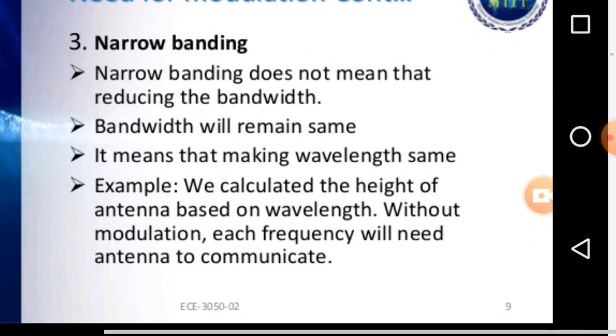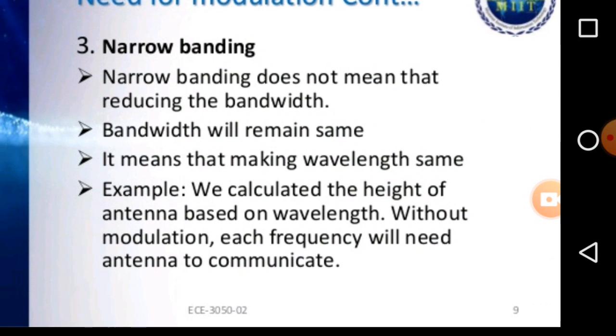The next part is narrow banding. Narrow banding does not mean reducing the bandwidth. Bandwidth will remain the same. It means making the wavelength the same. For example, we calculate the height of the antenna based on wavelength.